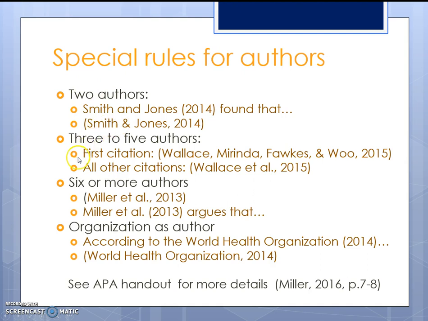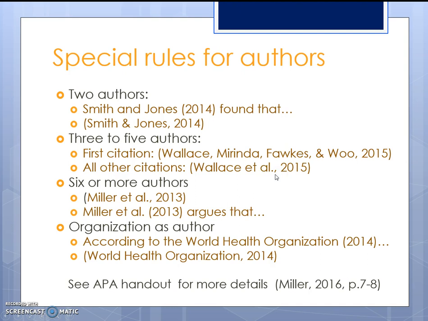Now, for 3 to 5 authors, the first time they appear, we write them out the long way, right? Wallace, Merida, Fox, and Wu. That's exactly correct. Now, that's a lot to type out. So the second time we cite the same source, we would cite it as Wallace et al. Notice that that's et space al period followed by the comma.